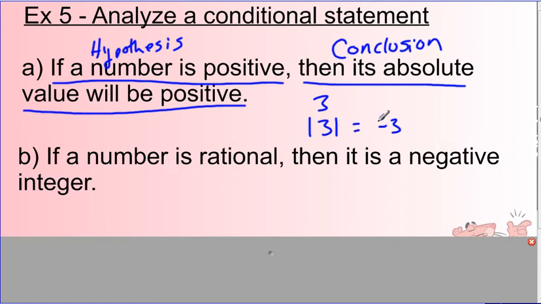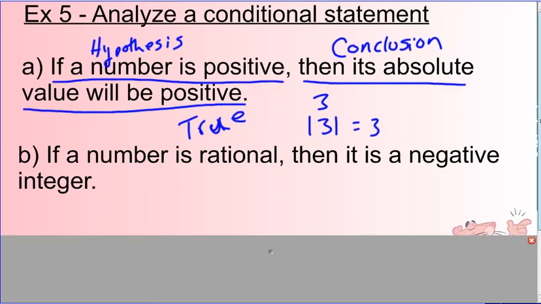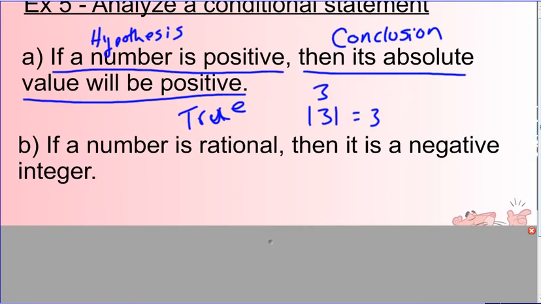Absolute value cannot be a negative. Oh, I'm sorry, I guess I read that completely wrong. Then its absolute value will be positive. So if a number is positive, then its absolute value will be positive. Well, that is true, because absolute value is always positive. So yeah, true. Absolute value is always positive.